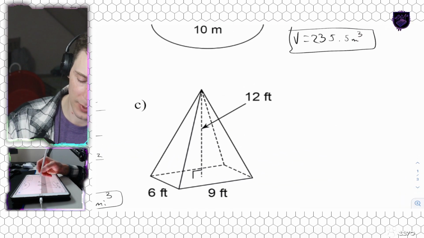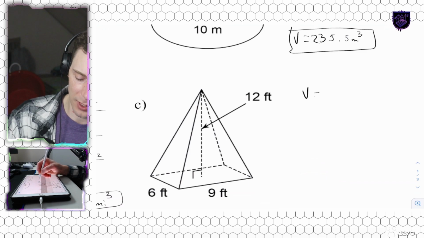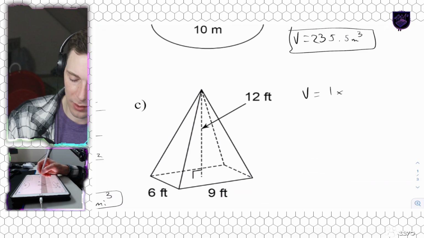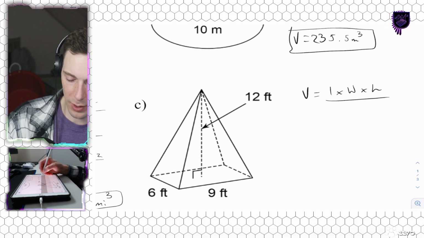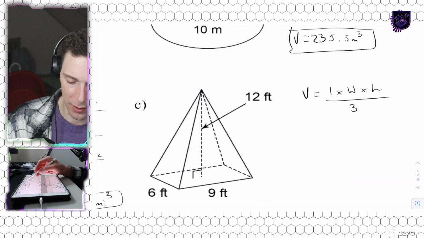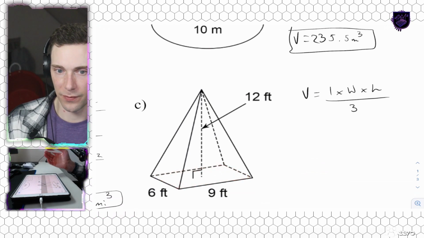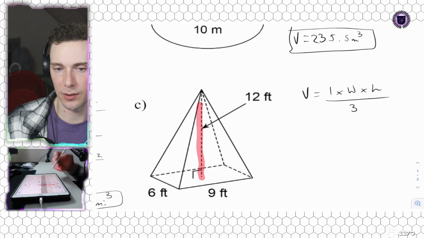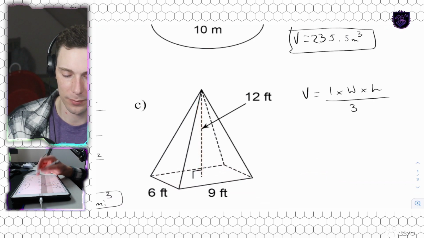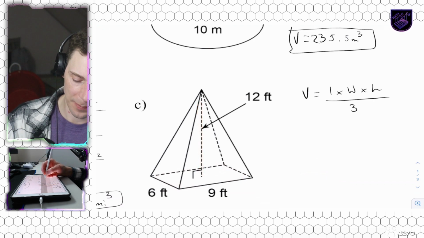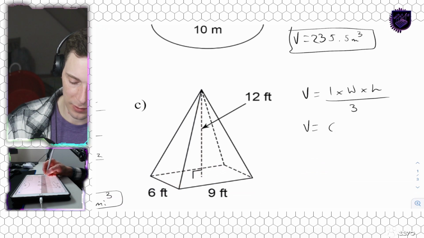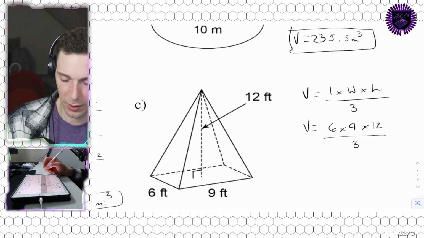All right. Rectangular base. My volume is equal to length times width times height divided by 3, right? The area of this base times the height divided by 3. My volume is equal to 6 times 9 times 12 divided by 3.